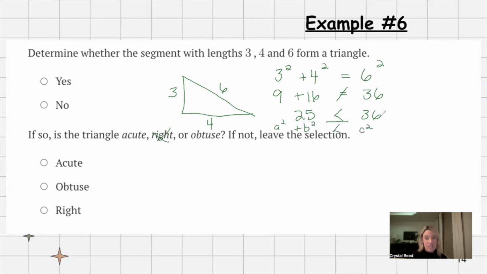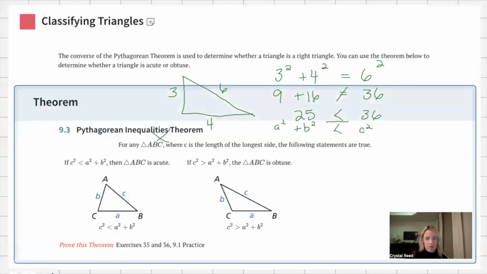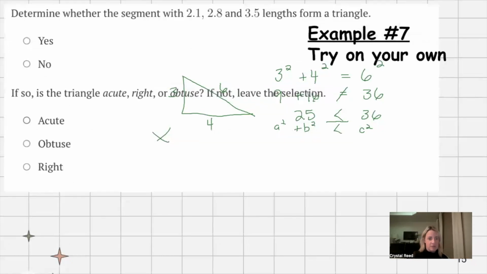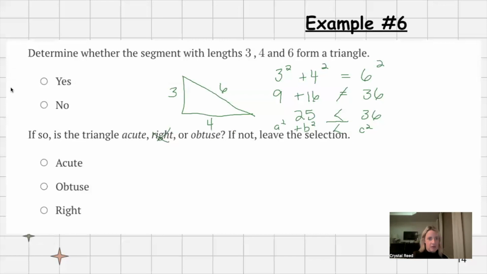So the c squared is getting eaten by the alligator. So if the c squared is eaten by the alligator, we get obtuse. Oops, needed to mark that, sorry. Obtuse. Draw that. Obtuse.